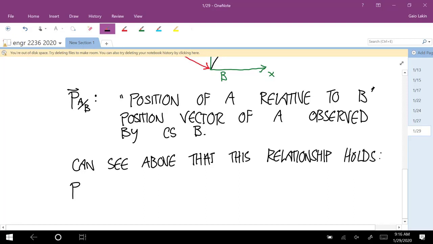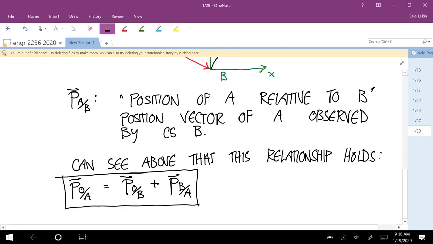The position of O relative to A, and I'm going to write it in the other order than I just said it, but it's still the same sum of vectors, is equal to the position of O relative to B plus the position of B relative to A. You can think of it as vector addition.